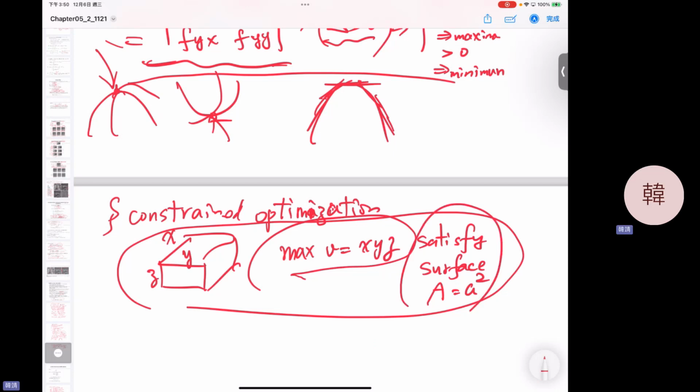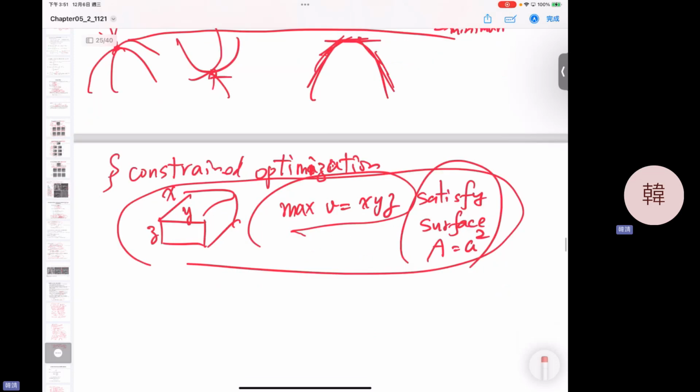The condition is very easy: I hope this maximum volume box has a surface area of A squared. So this is a constrained optimization. How do you do it? It's not as straightforward as one function where you find the optimal value and then check whether it is a maximum or minimum.